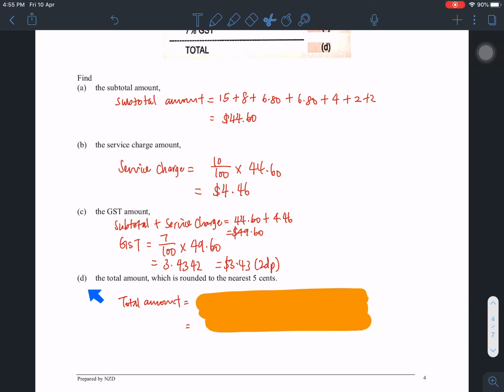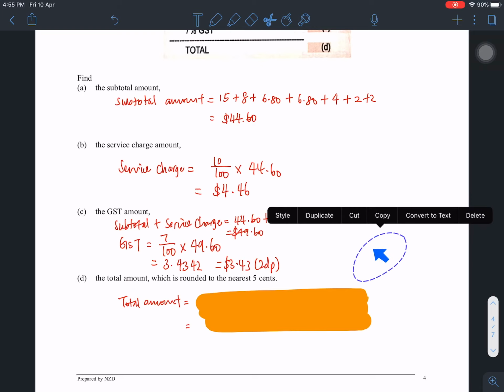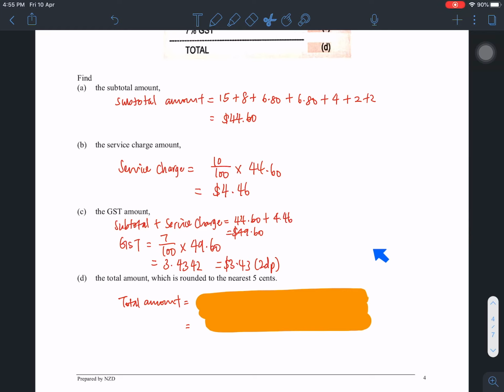Next, the last part of this question requires us to find the total amount, which is rounded to the nearest 5 cents. The total amount would simply be the sum of the subtotal, service charge, and the GST.